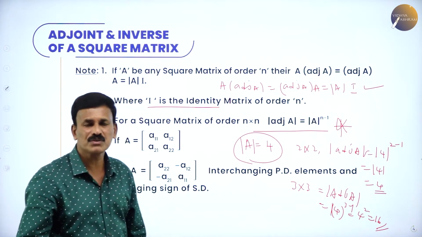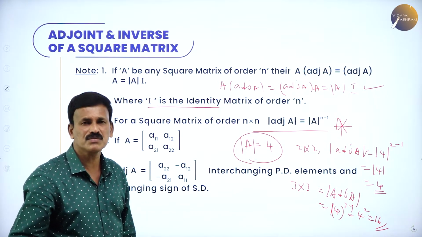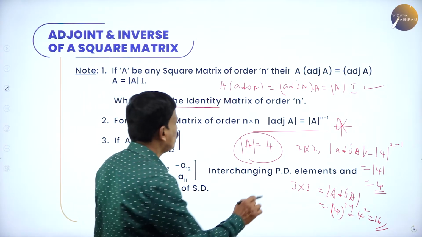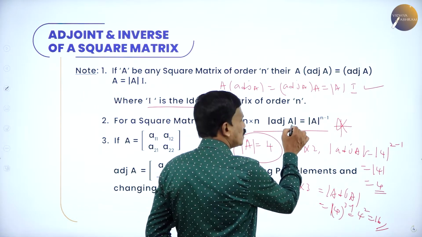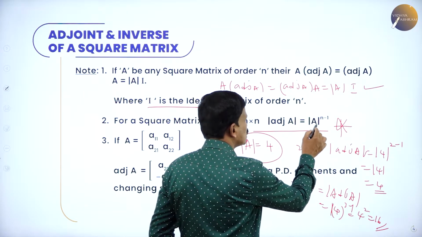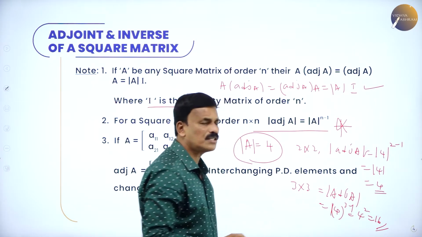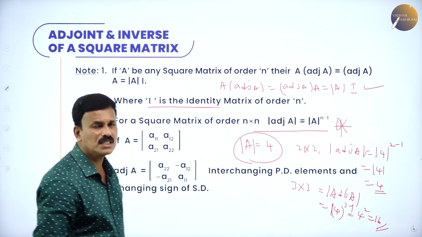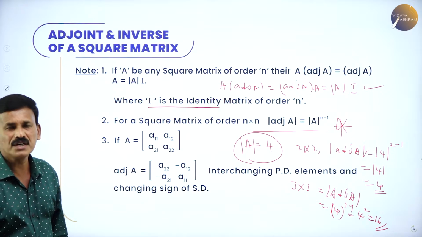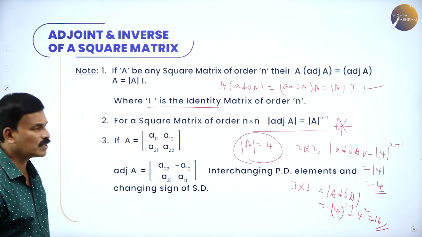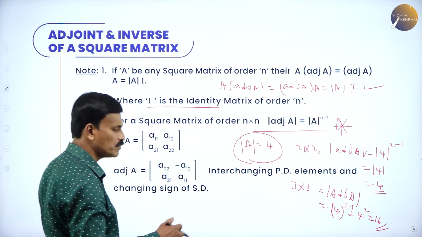Very important, they will give this type of questions for 1 mark. So keep in mind, determinant of adjoint of A is always equal to determinant of A to the power of n minus 1. n is the order, 2 rows 2 columns or 3 rows 3 columns.